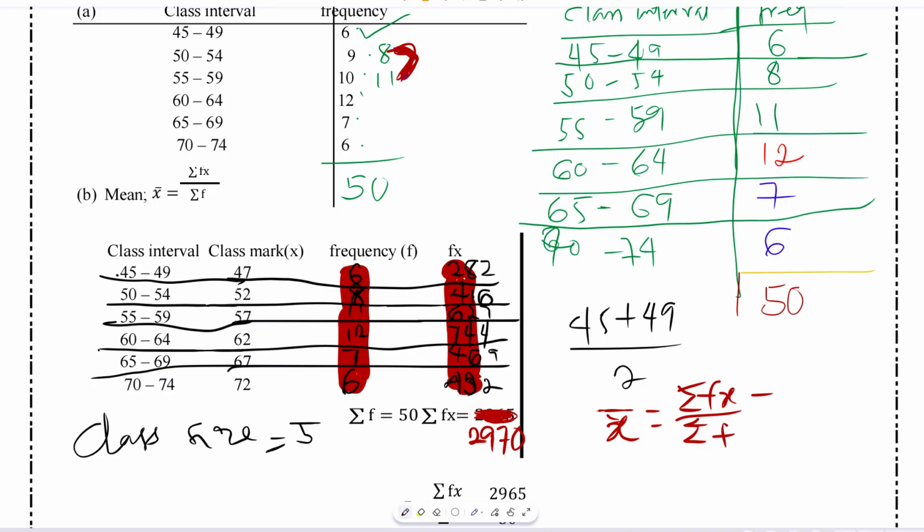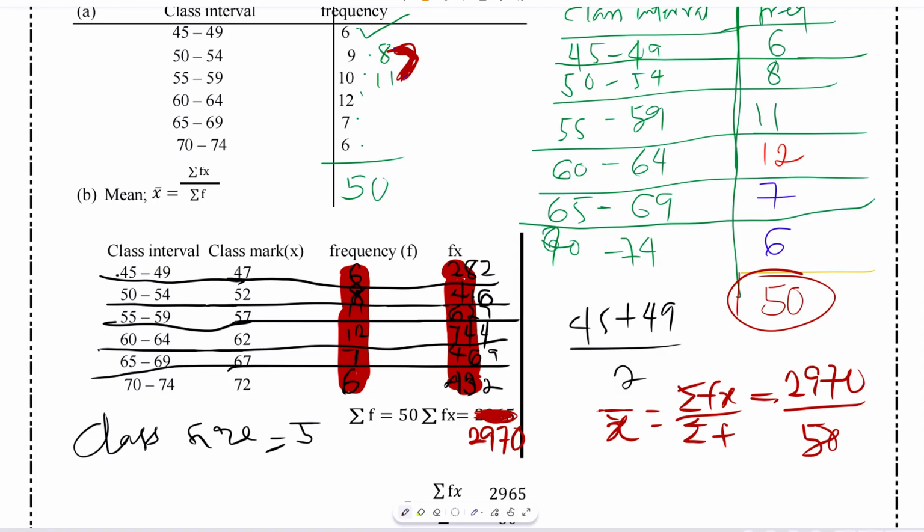Our summation fx is 2970, divided by summation f. You already have that here, that's 50. You draw this table and this particular one also. So let's divide this by 50.